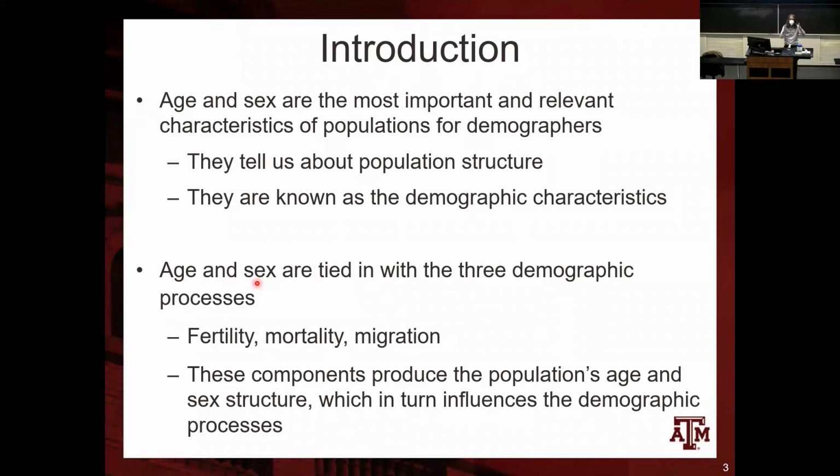Because then you have fewer children or fewer people in reproductive ages, and then you're going to have fewer chances of having children. And so fertility, mortality, migration affect age-sex structure, and age-sex structure affects fertility, mortality, and migration, okay?